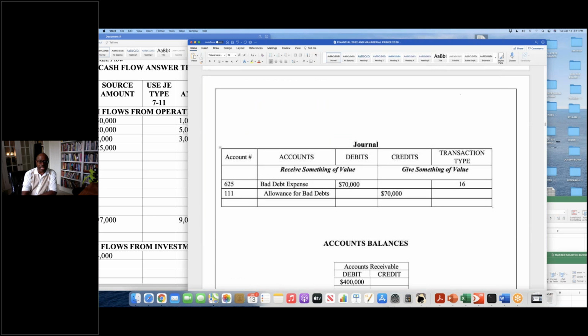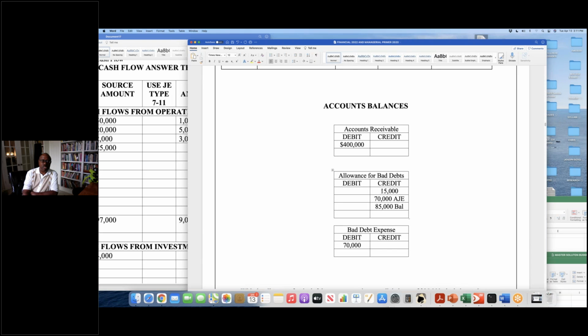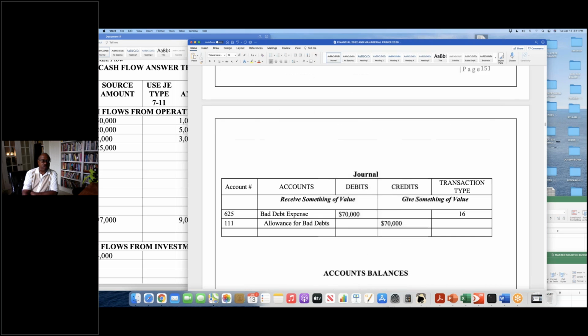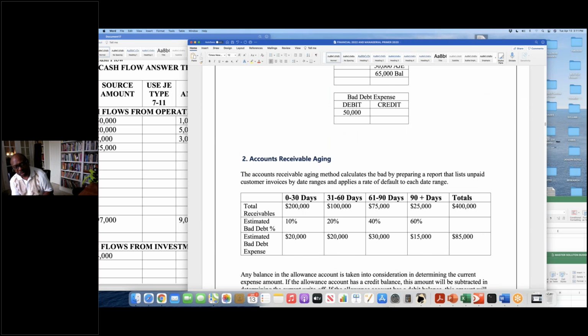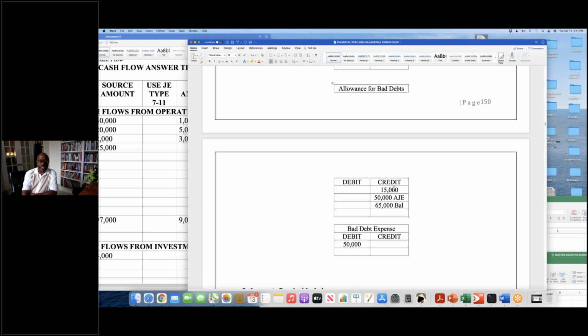But when we use that aging method, we take into consideration what's already in the account, and the AJE is the difference. What amount do we need to put in there to bring it to 85,000? Whereas when we're doing the allowance method, a percentage of sales, we didn't worry about what's in the account.